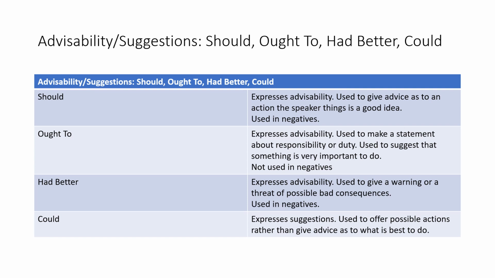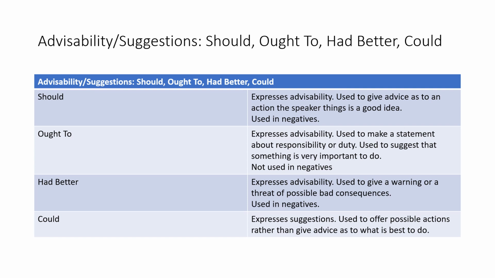The next one is had better. And had better, again, is expressing advisability, but had better's use is much more limited than should or ought to. Definitely than should. When we say had better, we're giving a warning to someone, and the warning is that if you don't do this thing, there may be possible bad consequences, that something bad might happen to you.